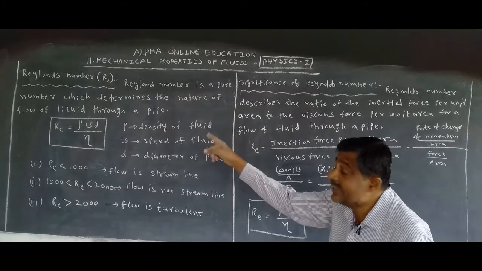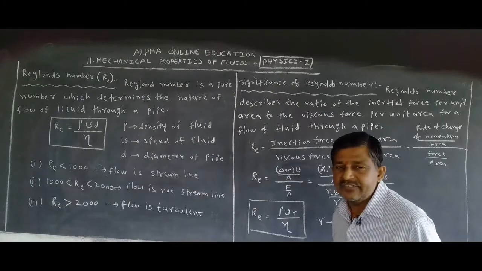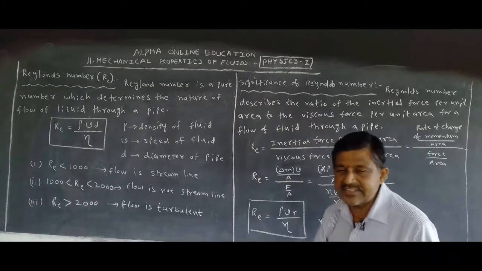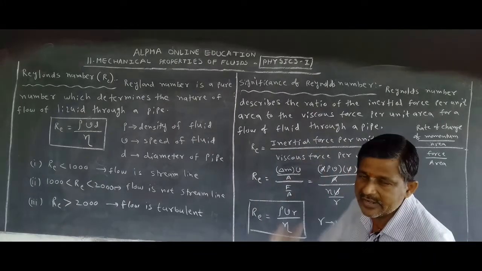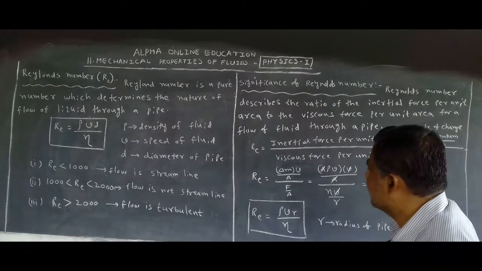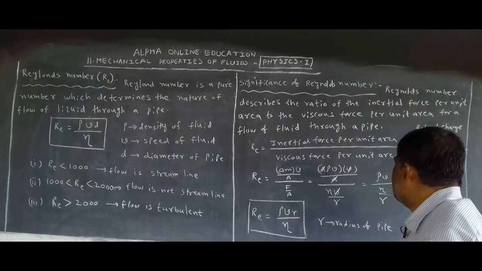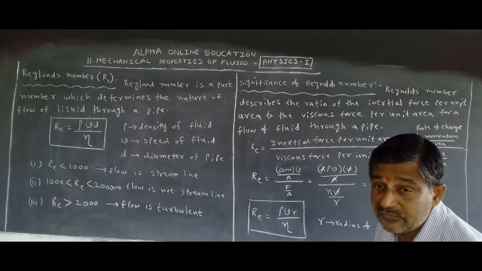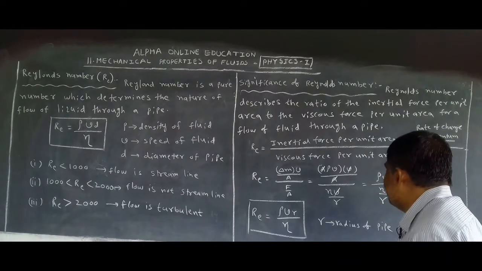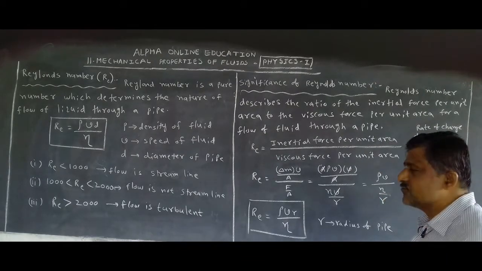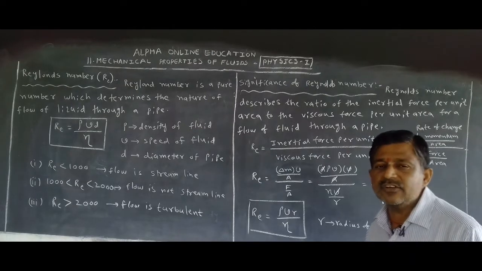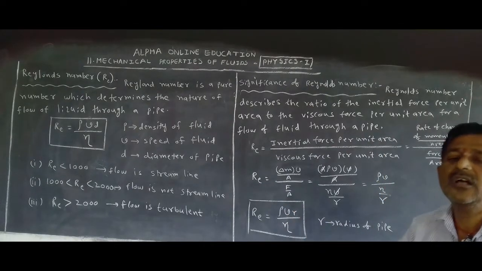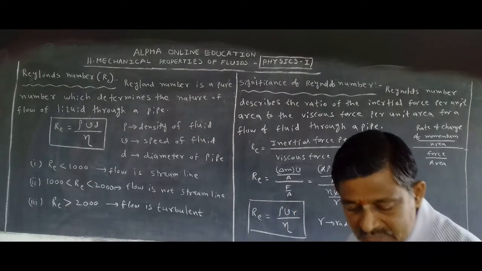But how can we get that equation? That we can say is the physical significance of Reynolds number. How can we write it? It is a ratio between inertial force per unit area and viscous force per unit area of the fluid flowing through the pipe.